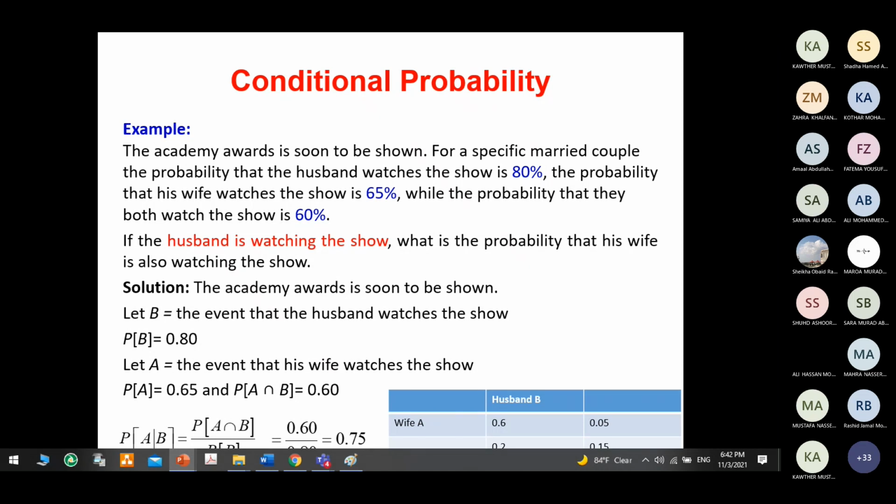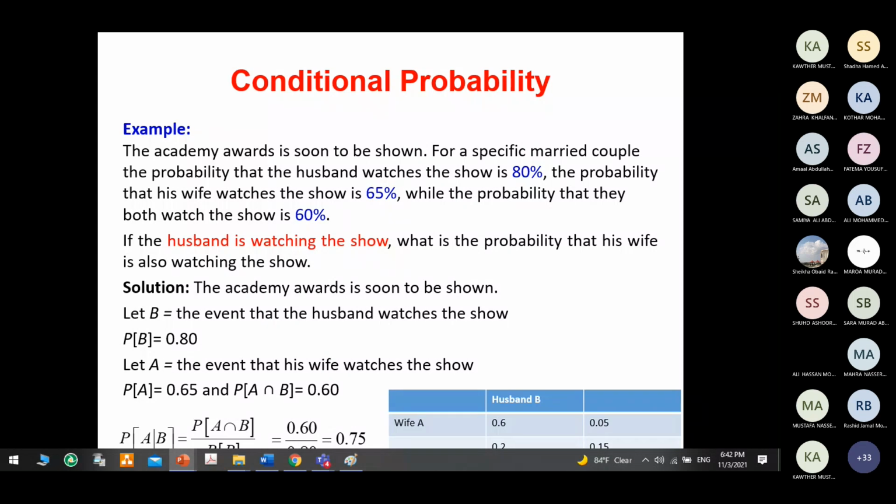Have a look. He asked me if the husband is watching the show. So I'm sure that the husband, this event B, which is 0.6 plus 0.2, which is 0.8, which is 80%, is watching the show. What is the probability that his wife is also watching the show? Now he's asking me about the probability for something to happen given that another event happened, and they are linked to each other.